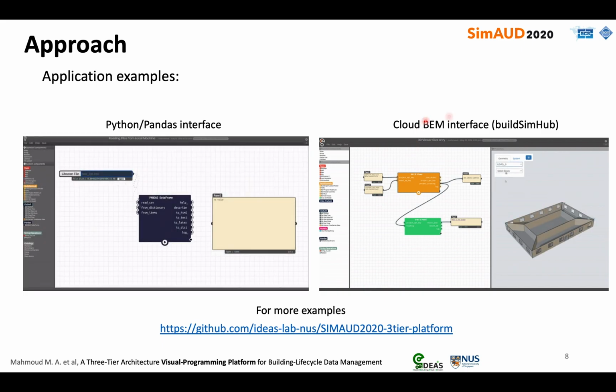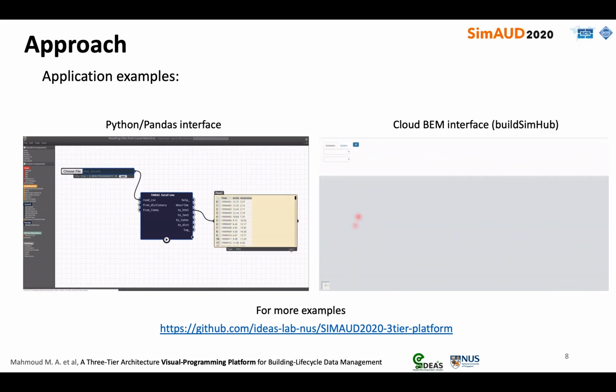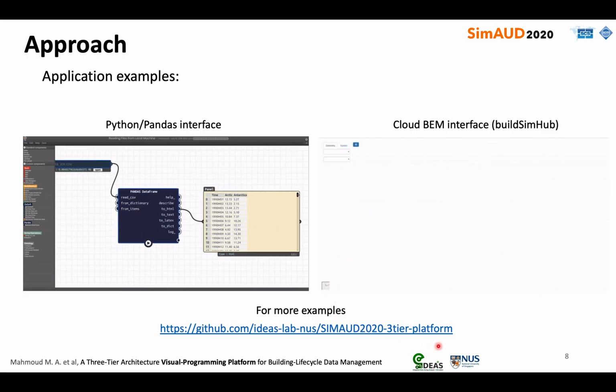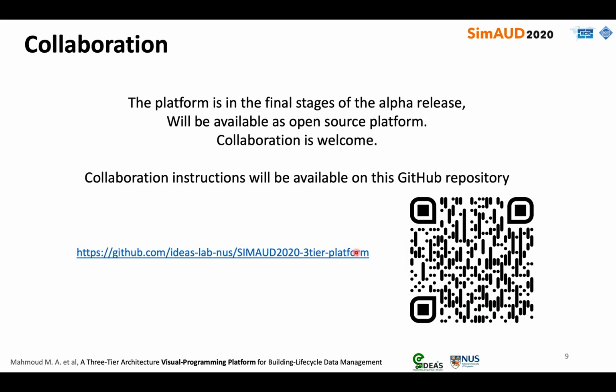The second example is an interface to the cloud building energy simulation engine called BuildSimHub, where the user can upload EnergyPlus files and run parametric simulation and many other tasks. More examples can be found on the GitHub repo on this link.